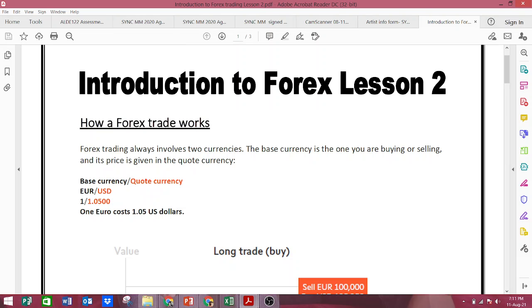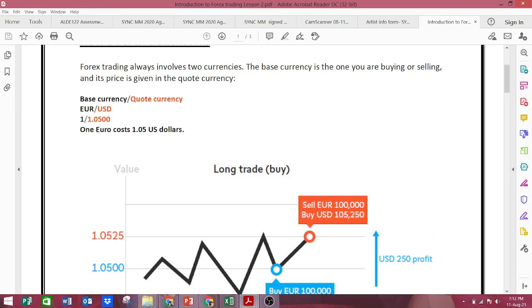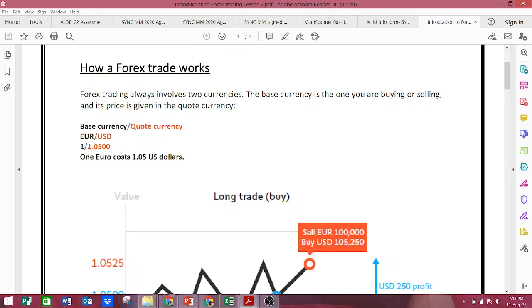So one euro costs 1.05 US dollars. The base currency is the euro, the quote currency is the USD, and one euro costs 1.05 US dollars.